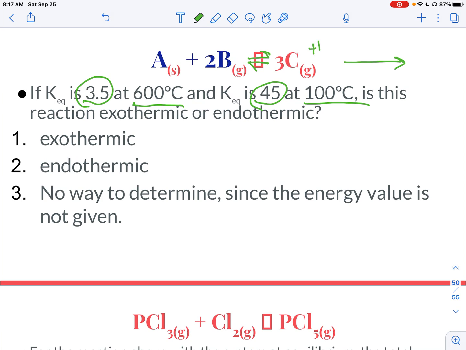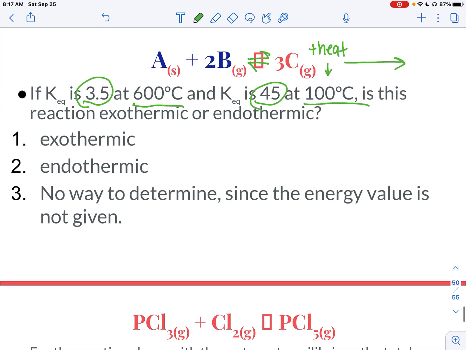So that means we would have heat on our product side, right? Because if heat went down, we would need to go towards the products to produce more of it. So that must mean we have an exothermic reaction here. Because if heat is on the product side of the reaction, it's exothermic.